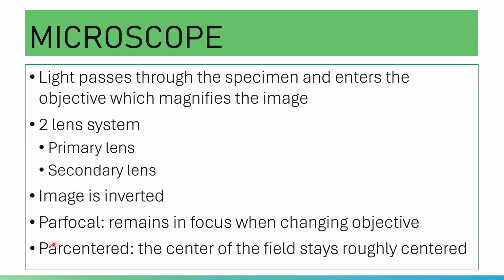Let's say, for example, coming from the low power objective, you shift to the high power objective, and if the image remains in focus, then you call the microscope parfocal.